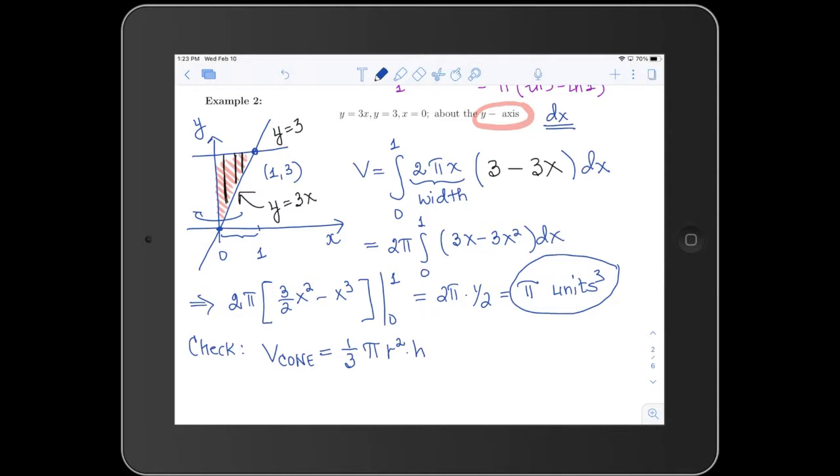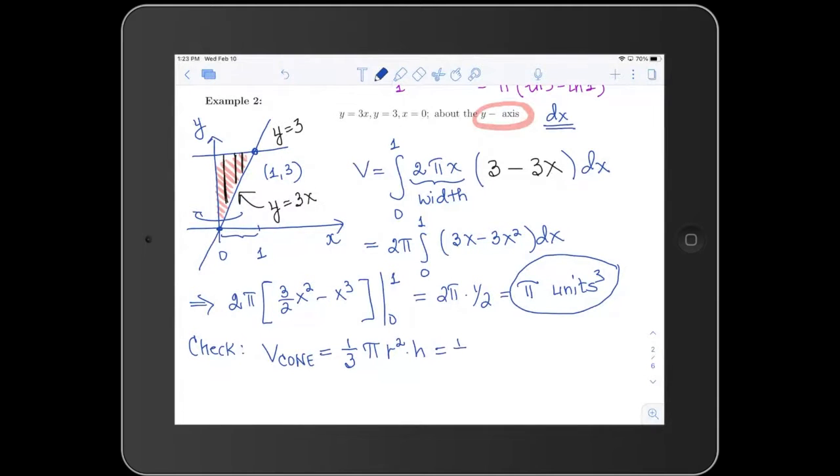Well, in this case, it's that top, right? What do we get if we just plug in our numbers? We'd better get the same thing. So we get 1/3 times pi. What is the radius? The radius is 1. What about the height?